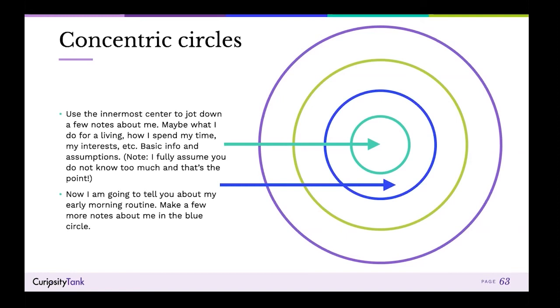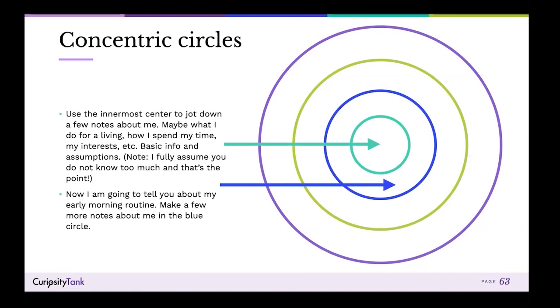And I fully assume you do not know too much about me, and that is the point. Okay, so in that very inner circle, write down a few notes or phrases about me, basic info and assumptions that you assume just from our short interaction together today. I'll give you about 20 more seconds to do that. Again, we're just looking for 3 or 4 things.